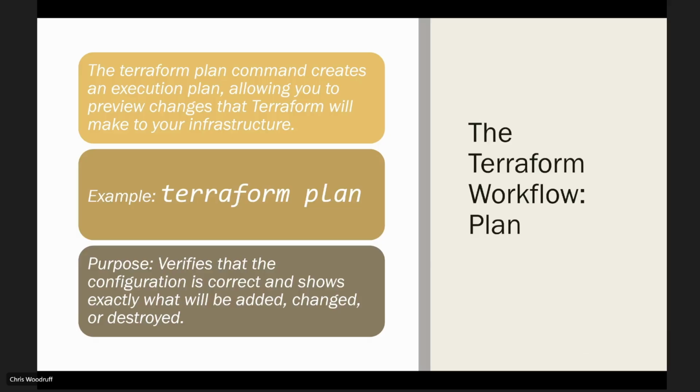It will also tell you, if you're moving from one state to another, what things it is going to do to move your infrastructure to that next state. Some things it may not do anything to, some things it may update or change, and some things it may destroy. And we'll show how it notifies you about that.